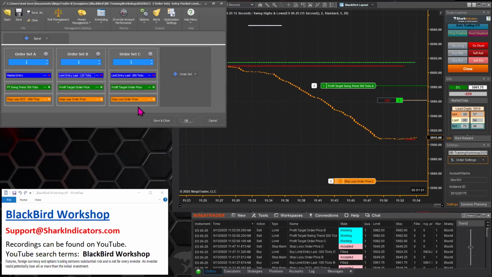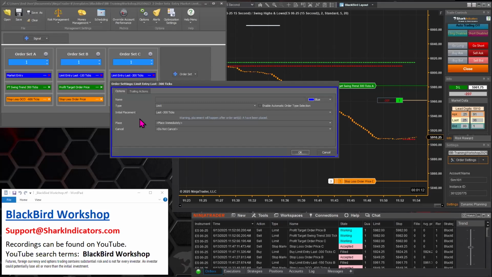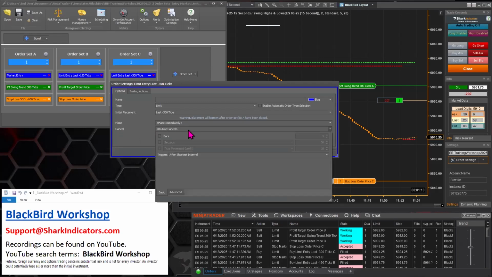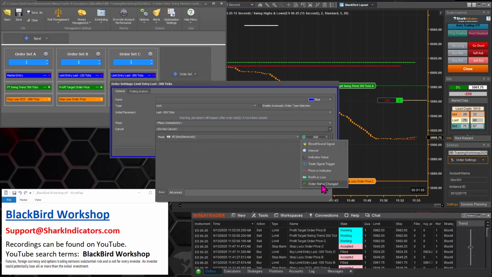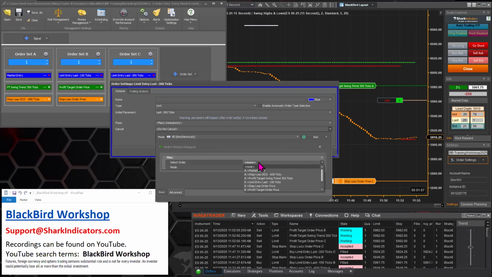So there we go. Click OK, and we're going to do the same thing for our second entry order. Go into the cancel, switch to the advanced tab. We're going to delete the interval here. We don't need this. And we're going to add an order status changed. All right, so which order do we want to monitor? That profit target for A, and then adjust this to any number of contracts filled here, right?